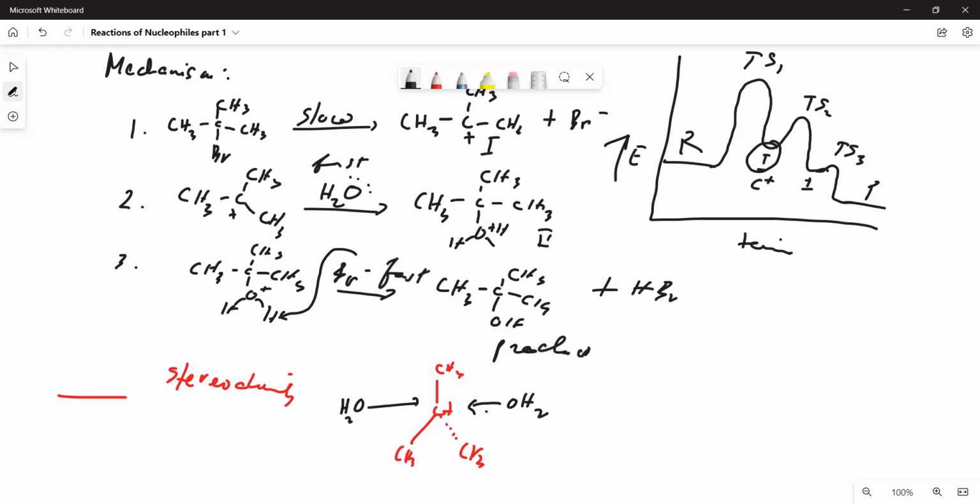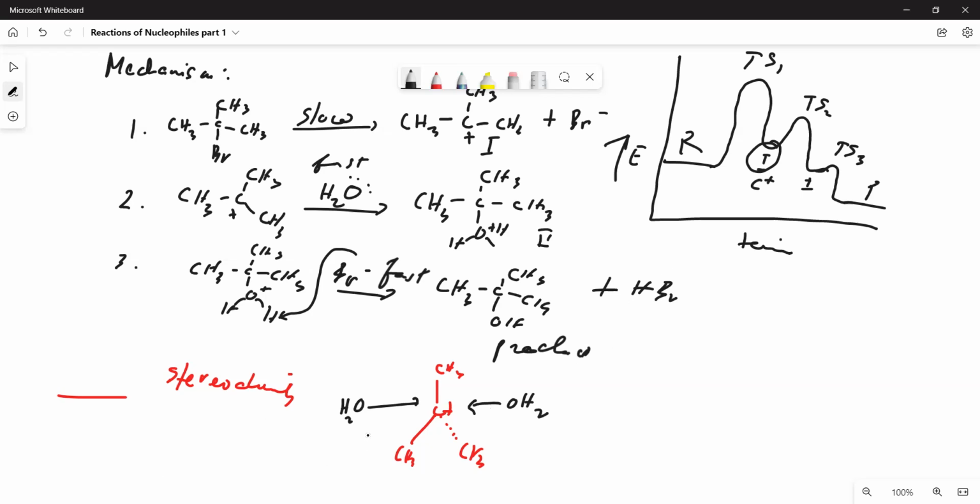Now, what is the effect of that in terms of configuration of the final product? Well, you will not have complete inversion. You will only observe complete inversion in SN2.